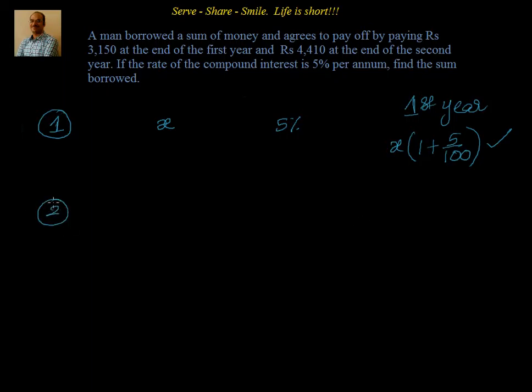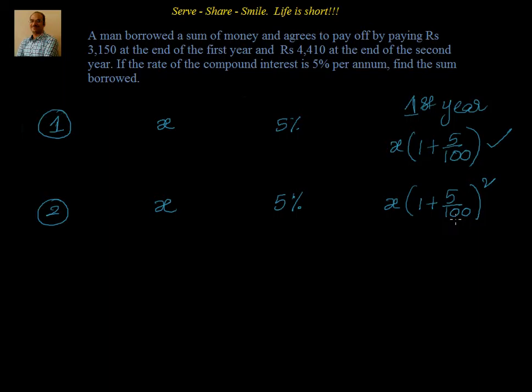And the second scenario is I have taken X amount from you at 5% interest, but I said that I can't pay it in 1 year. I need more time, so I will pay you at the end of the second year. I said that I can't give you any money in the middle, don't ask me for interest also, I will pay you everything at the end of the second year. So in this scenario, the formula will become X into 1 plus 5 by 100 whole square, because at the end of the first year the amount left out will become the principal for the second year.